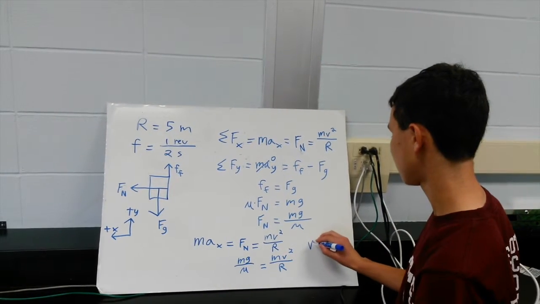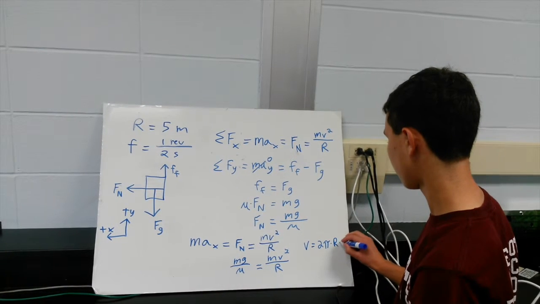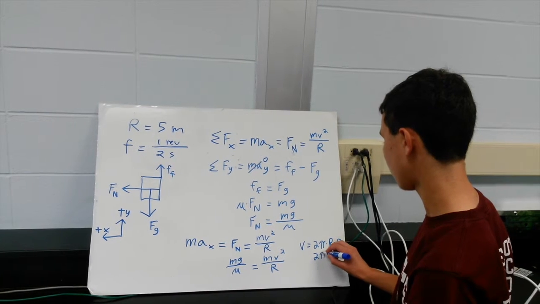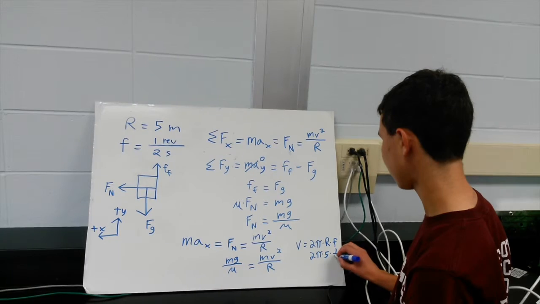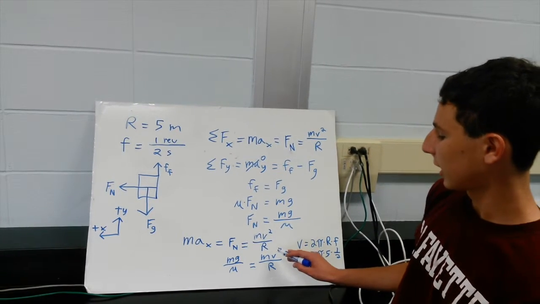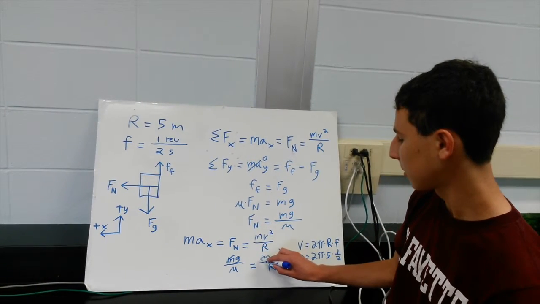Now we want to find the velocity. Remember, the frequency of rotation of the ride was given to us, so we can use our velocity equation and plug it into our equation. Oh, and the masses cancel out.